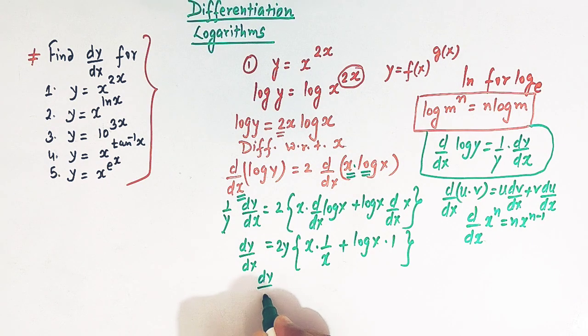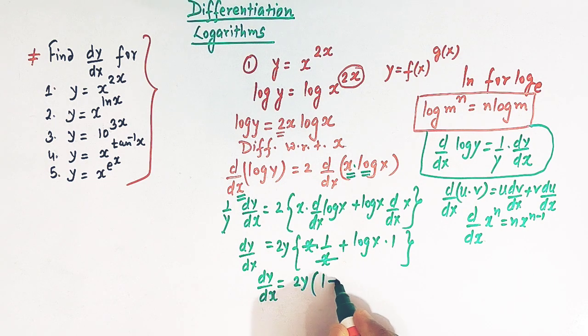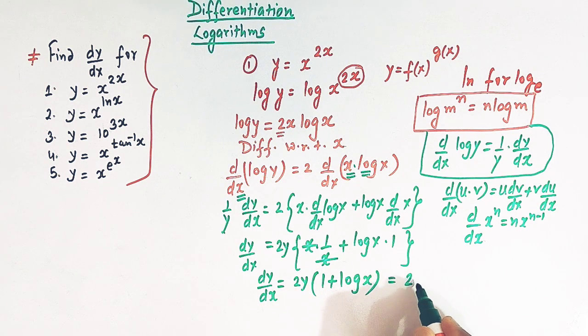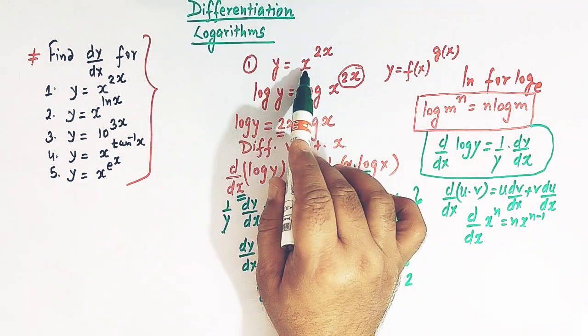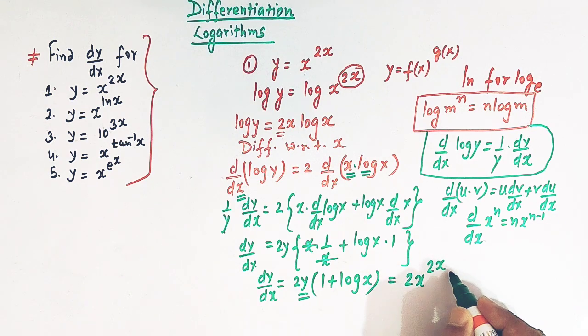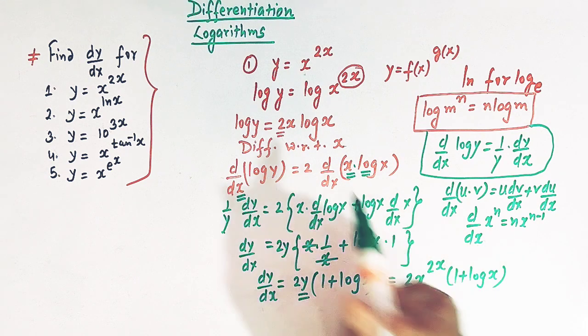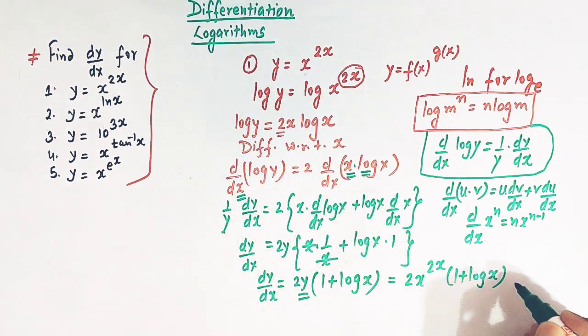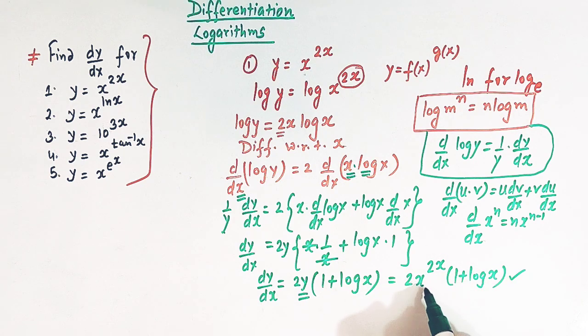So we have dy over dx equal to 2y, and here x and x get cancelled. So we are left with 1 plus log x, right? And now we can replace this y by x raised to 2x. So here we have x raised to 2x, and here we have 1 plus log of x, right? So the derivative of x raised to 2x is given by 2 times x raised to 2x times 1 plus log x, right?